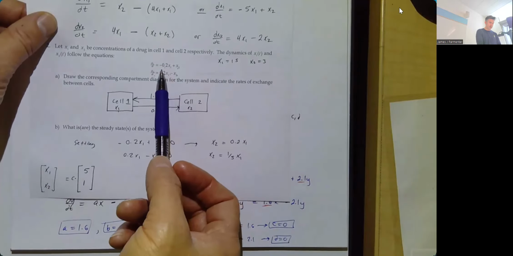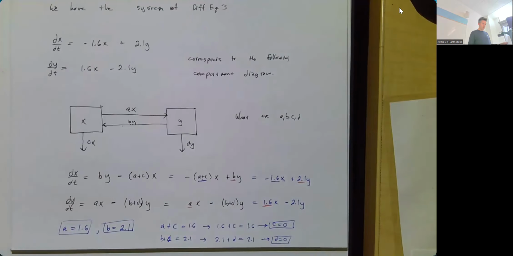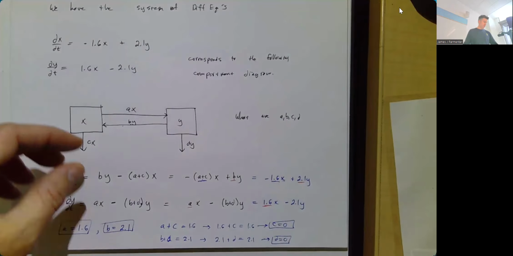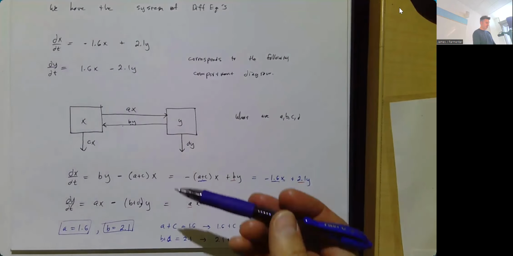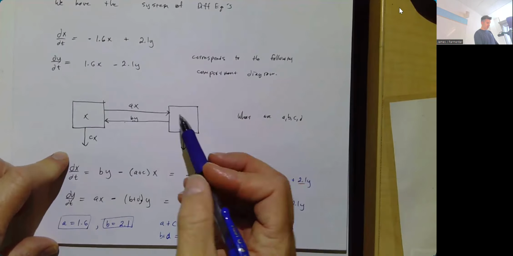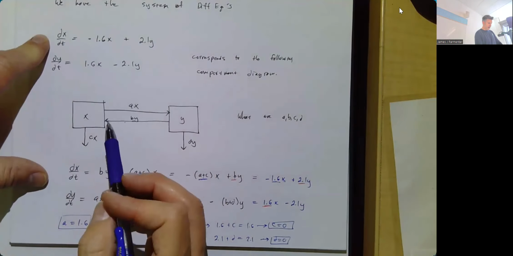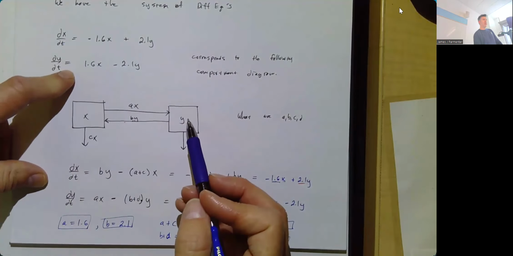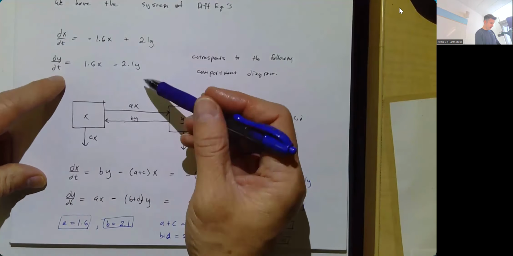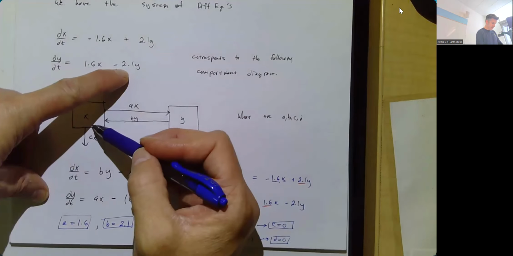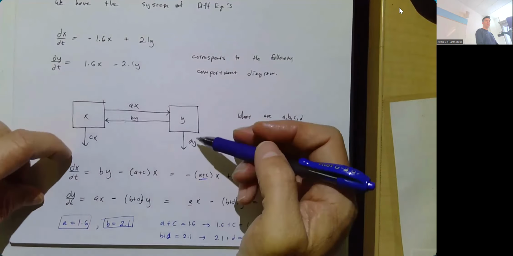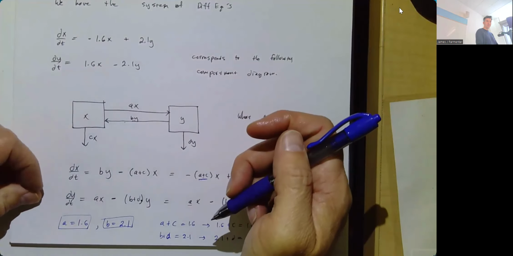So when you have this sort of situation, you couldn't really have anything coming out of here, because the amount of stuff coming out of X has to be exactly the same amount of X that's going into Y. And the amount of stuff coming out of Y has to be exactly the same amount that's coming into X. So there isn't any room for extra stuff happening here.